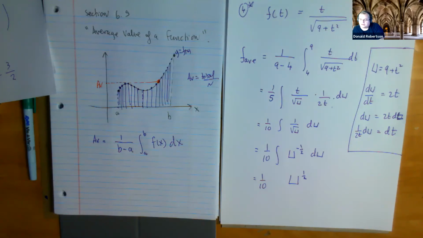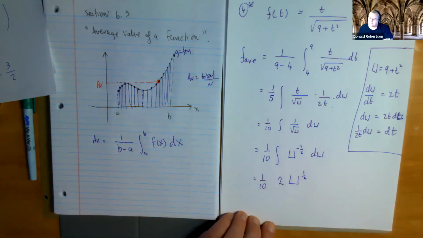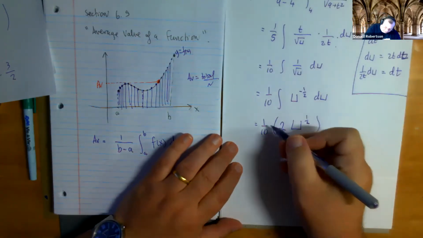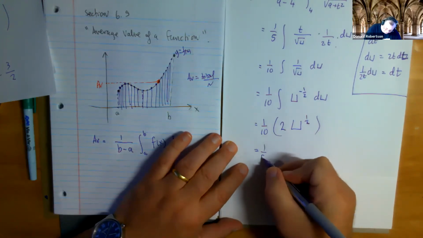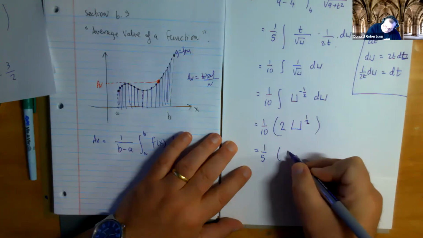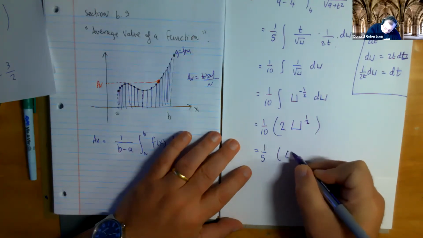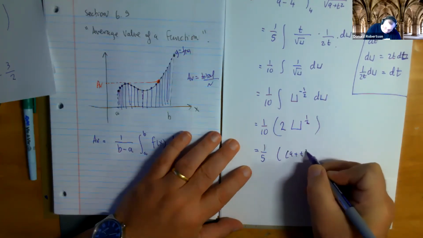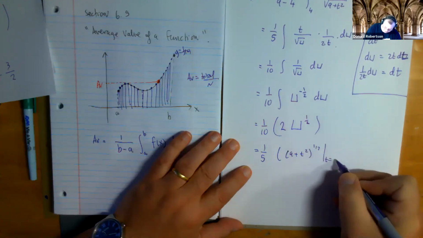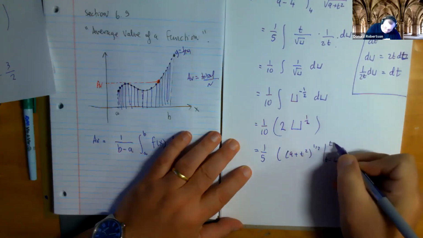Isn't dividing by half the same as multiplying by 2? I'll pull out that 2, which now means I've got a 5th, and I'm left with u to the half, which I am going to convert into 9 plus t squared to the half, and I'm going to evaluate it at t equals 4 and t equals 9.